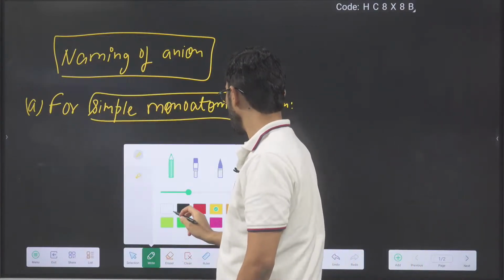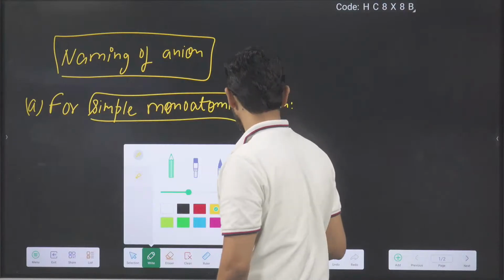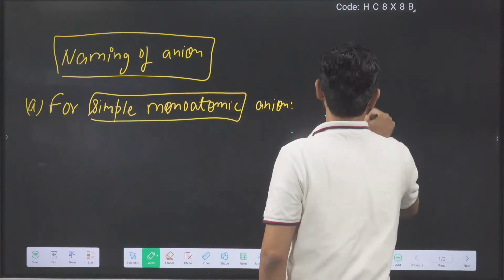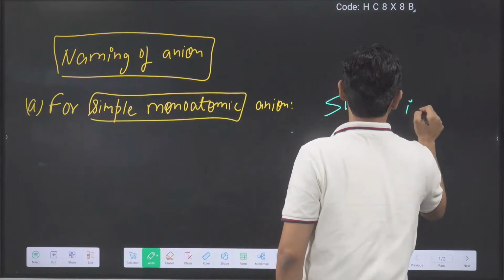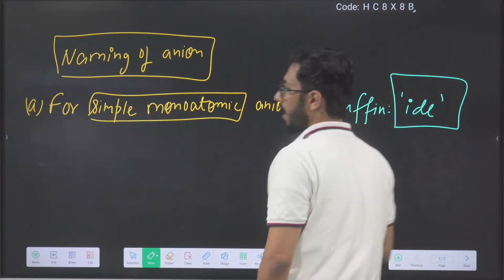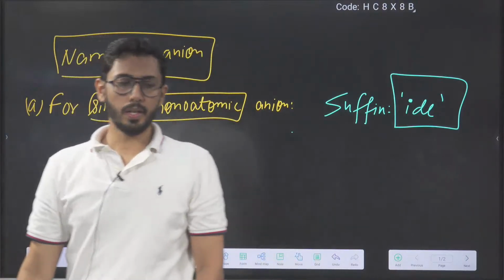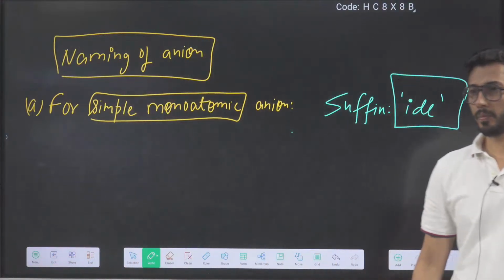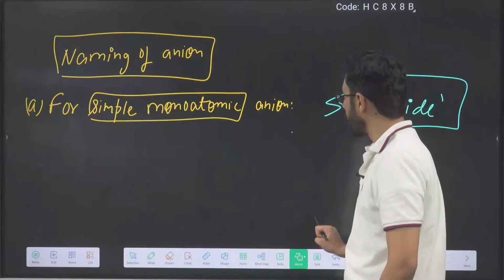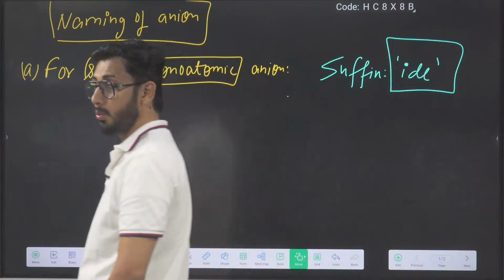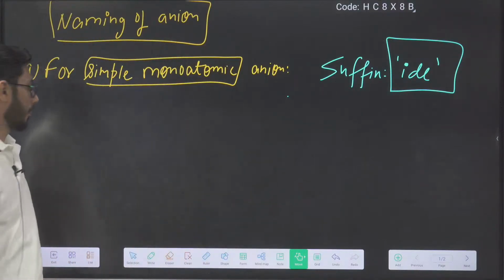For simple monoatomic anion, what is the suffix used? Their name ends with ide. ठीक है? For simple monoatomic ion, the suffix used is ide.